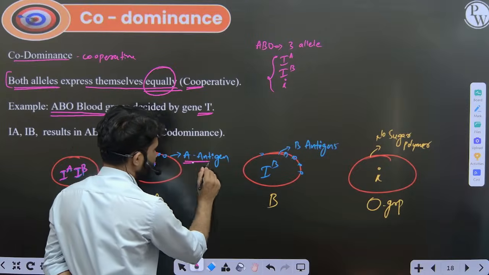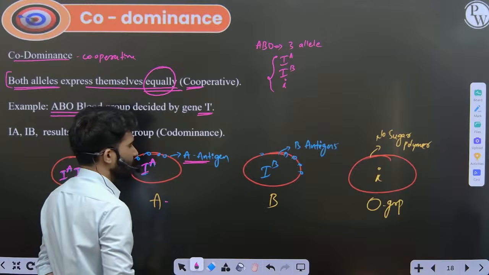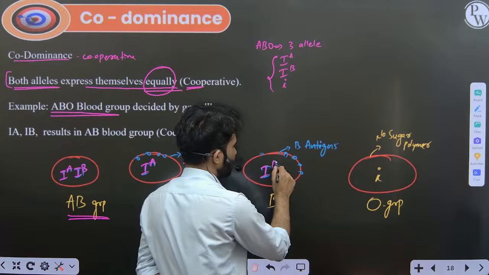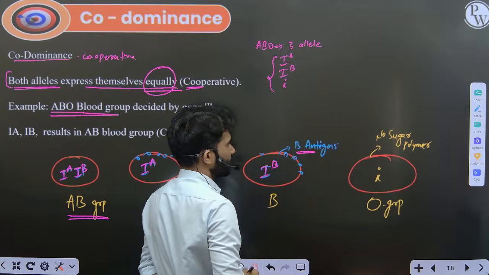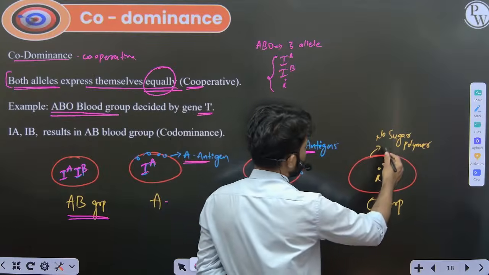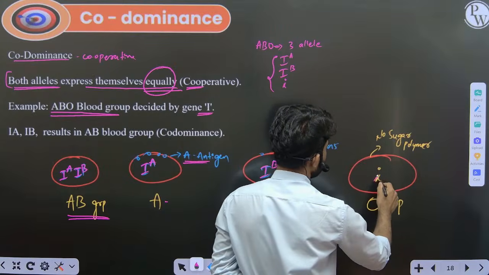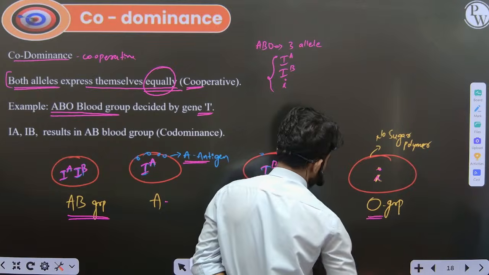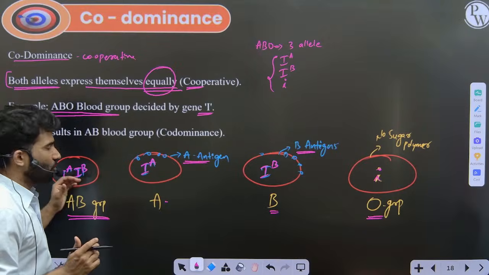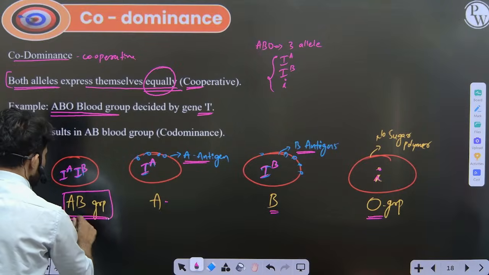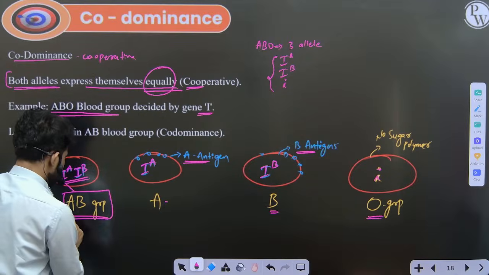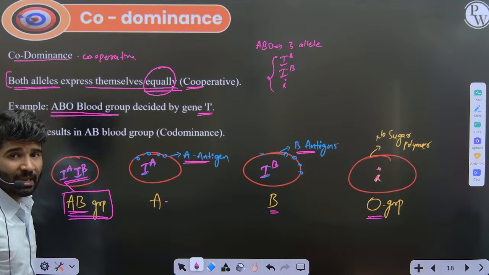If it has the antigen A only, then the blood group must be A. If the allele is IB, the blood group is B. If there are no sugar polymers, then the allele represents the O blood group. So where is the codominance here? In the AB blood group, two alleles are expressing equally. Both are expressing. That's why it gives the blood group AB.